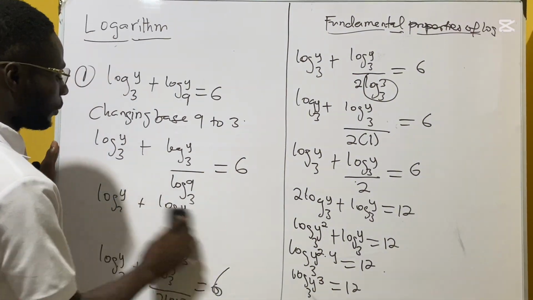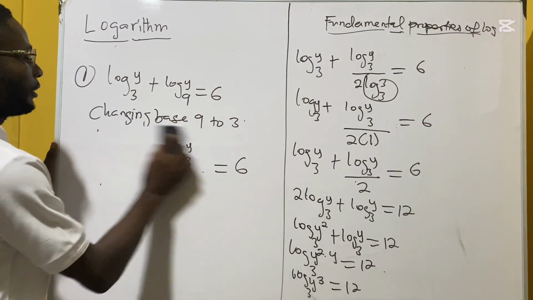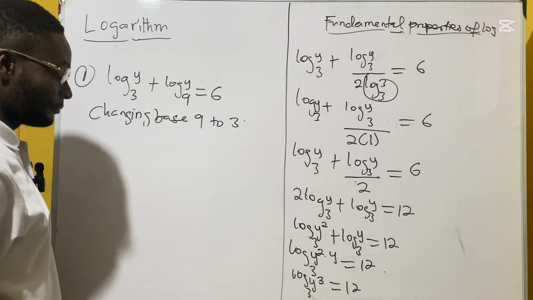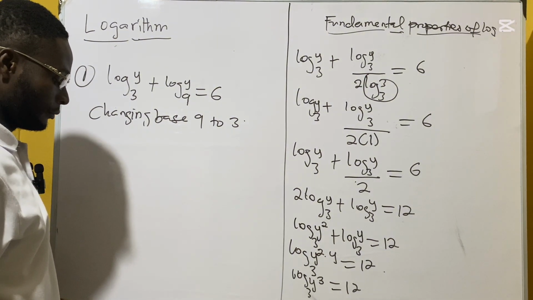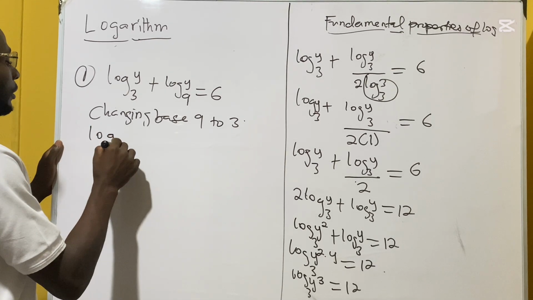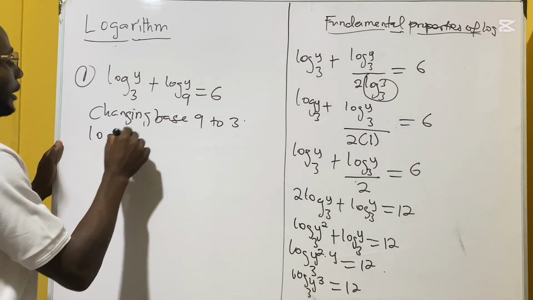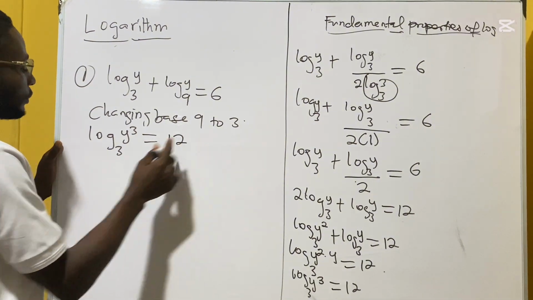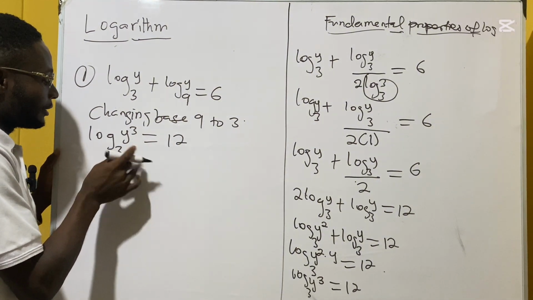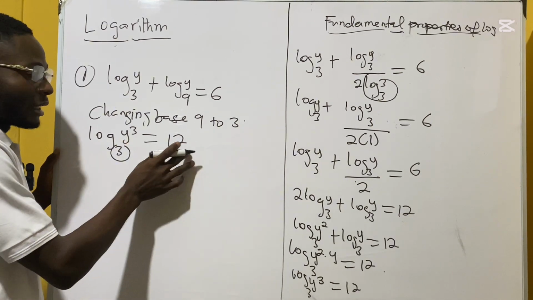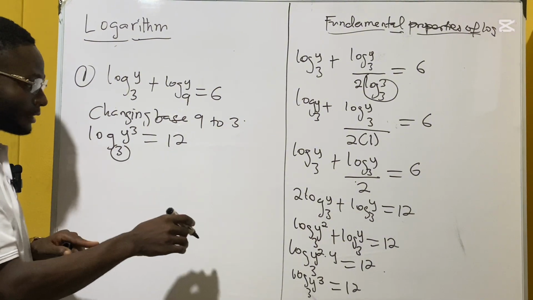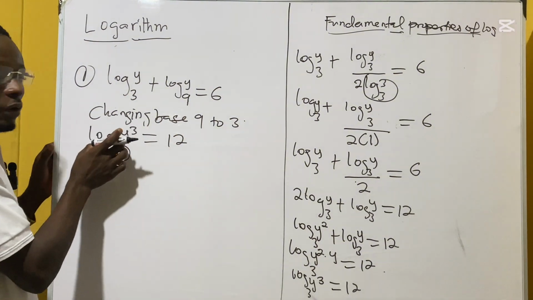So this is basically log base 3 of y exponent 3 equals 12. So it carries the 12, and then the log will go away.